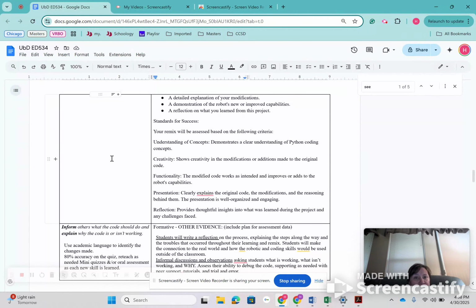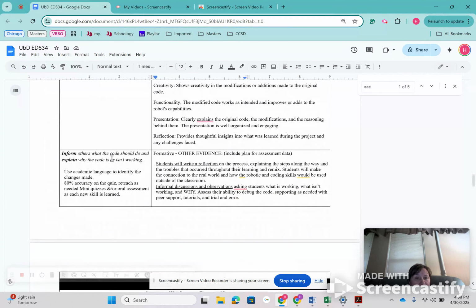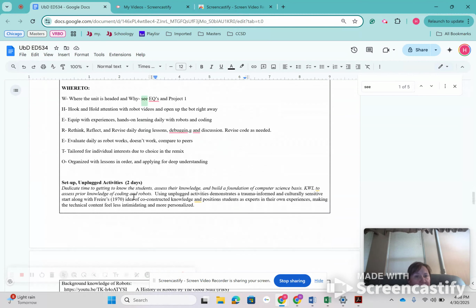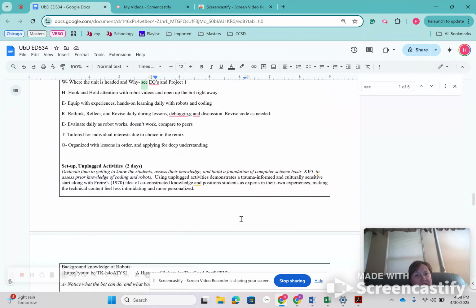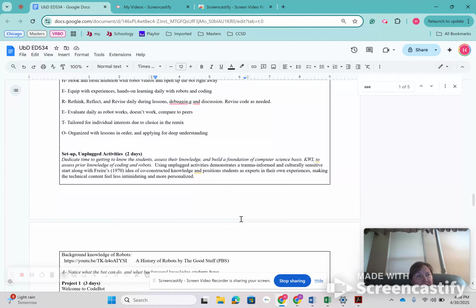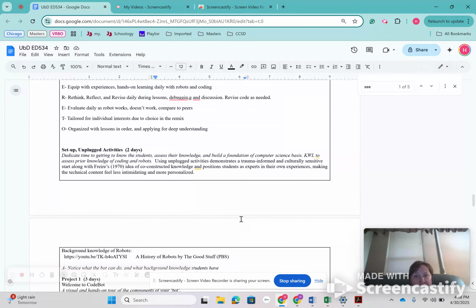Here are the standards of success that go through the showing of their understanding. Then there's other evidence as well with discussions. Again, there's a lot of collaboration involved here, which came up as something important as well. Having some unplugged activities helps build their background knowledge ahead of time and assess any prior knowledge that they have.